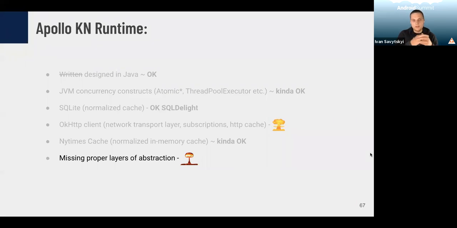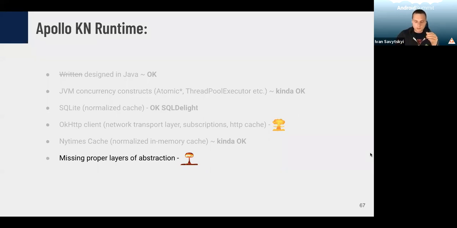When we started looking deeper at how we're going to migrate that to Kotlin native, we actually found that we are missing the proper layer of abstraction in the runtime. What I mean by that is, for example, our HTTP models actually leaked into our business logic in our query execution. And also we are using the HTTP models for our HTTP cache and so on.